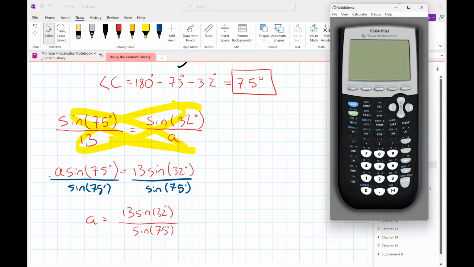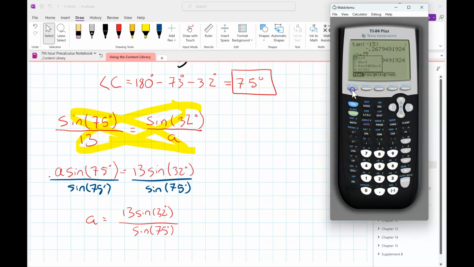Now, first thing I do before I start typing anything into my calculator, I should check the mode. What mode should my calculator be in for this kind of a problem? Degrees. How did we know that? Because the angle measures were in degrees. Excellent. So let's check that real quick. I just changed it to degree today, so I know I'm all set.